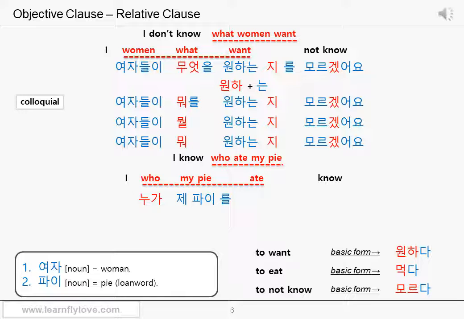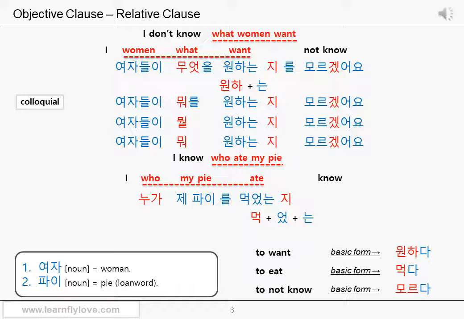The basic form of the verb eat is 먹다. 먹 is the stem. It has a vowel, therefore you should add a past tense indicator, 었 sound, and add 는, 먹었는, and 지, 먹었는지. Who my pie ate, 누가 제 파이를 먹었는지.